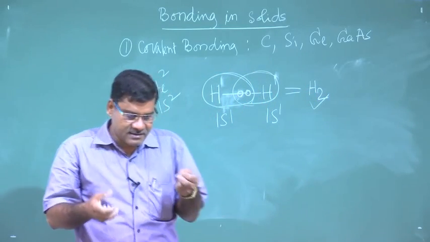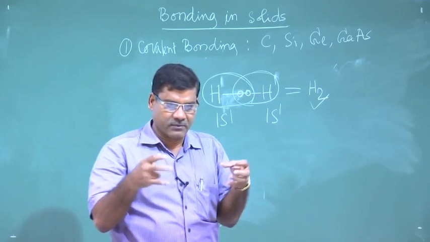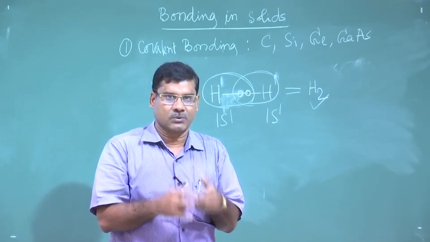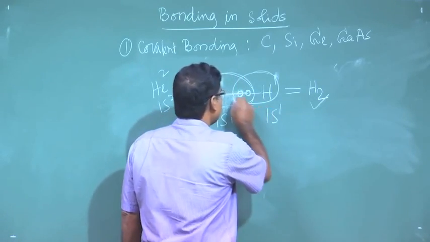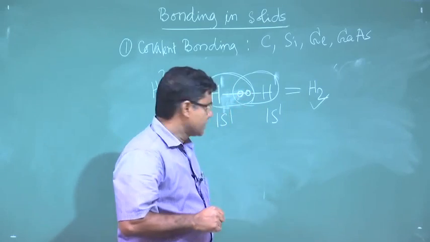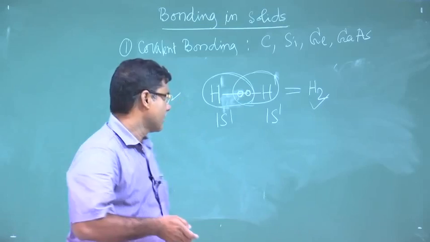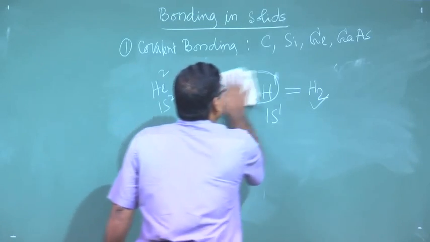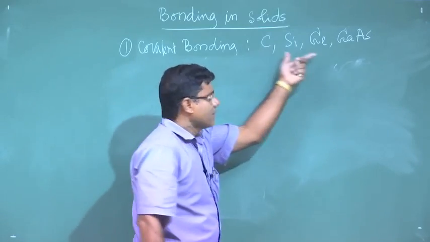Instead of staying as hydrogen atoms, they prefer to stay as a hydrogen molecule H2. This type of bonding, which is holding these 2 hydrogen atoms together, is the covalent bonding. This is the example of covalent bonding.